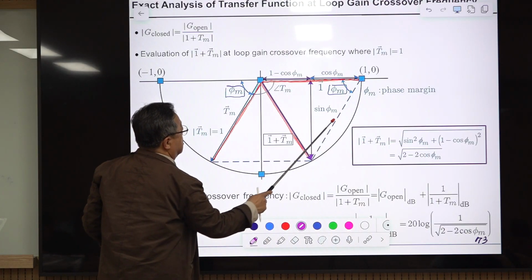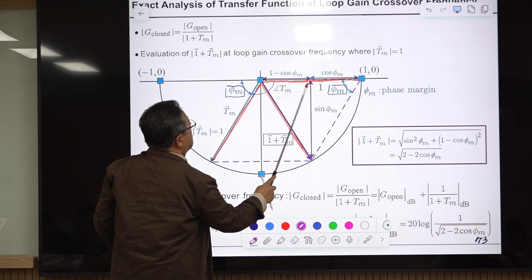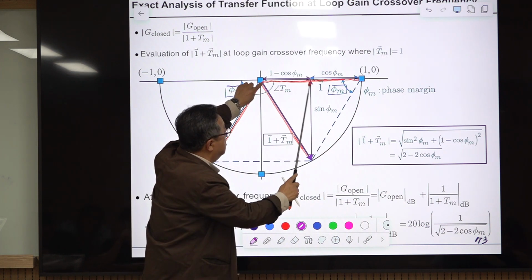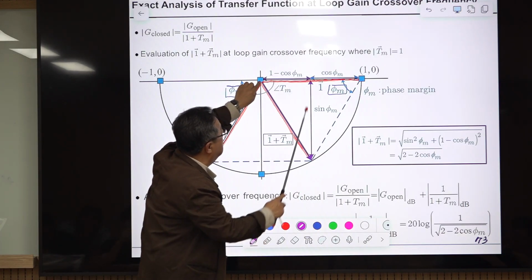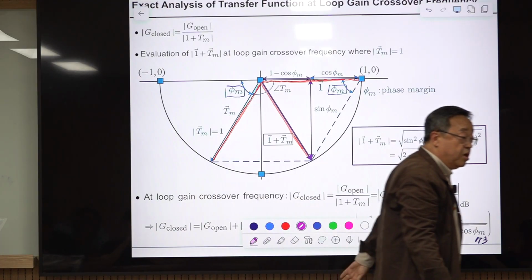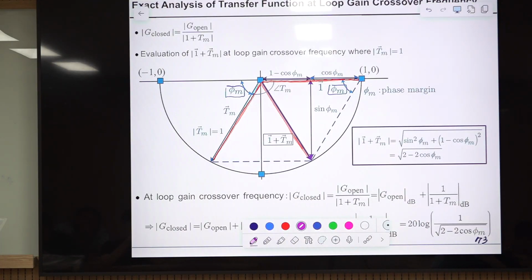This and this is the sine phi m. Then you evaluate: this is sine phi m and this is 1 minus cosine phi m. This is a right-angle triangle, so you have the Pythagorean formula. Using that formula, you evaluate this, and using the trigonometric function rule, this is the simplified version of it.